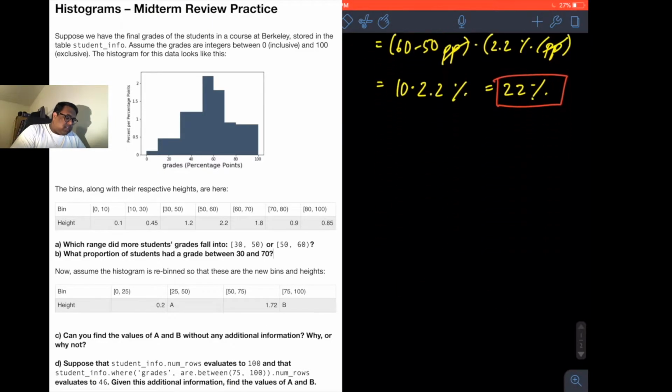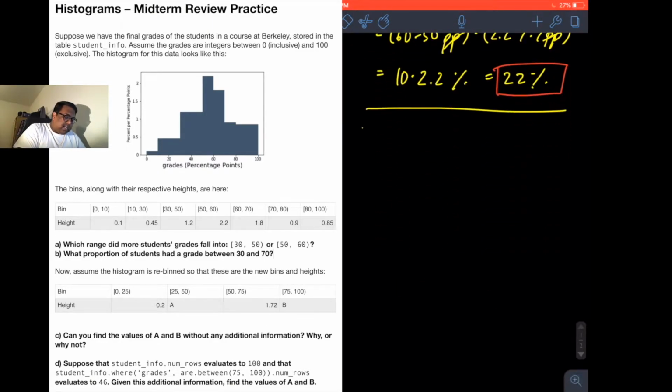Now we're actually almost done answering part B as well, because it's asking us what proportion of students had a grade between 30 and 70. Well, let's look at the bars that make up 30 to 70, right? So we need the 30 to 50 bar, the 50 to 60 bar, and the 60 to 70 bar. And if we had the areas of each of these bars, we'd be able to find effectively the number of students that were between 30 and 70.